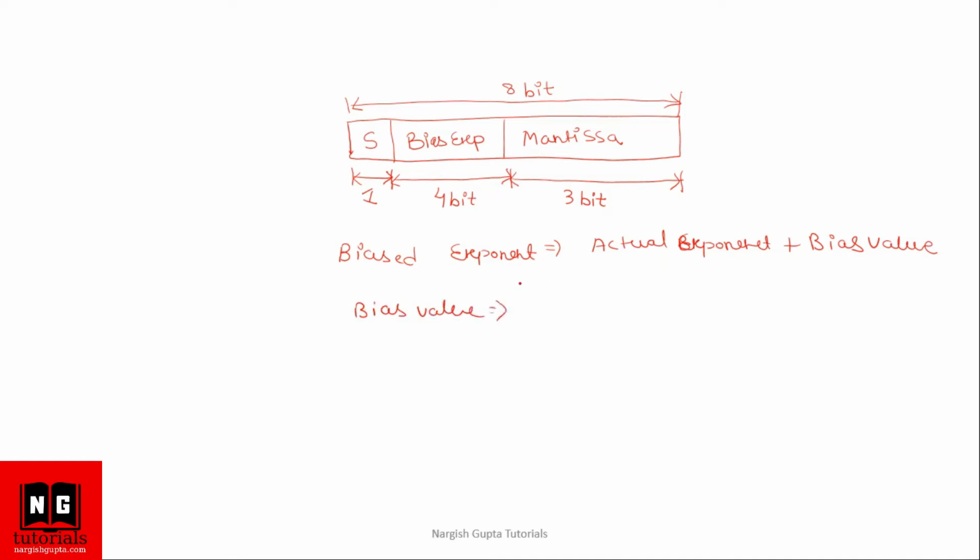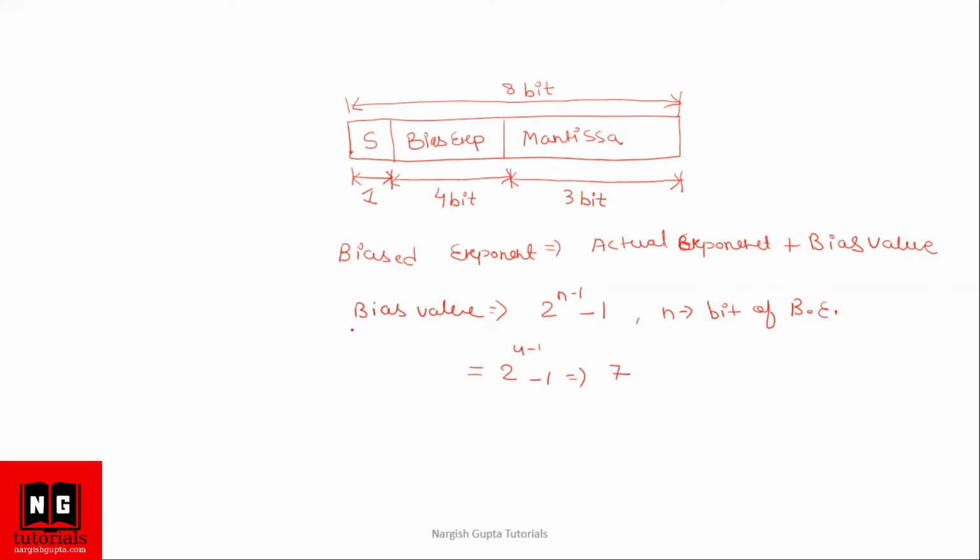It is equal to 2 to the power n minus 1, minus 1, where n is the number of bits of the biased exponent. Here we have 4 bits in the biased exponent, so it will be 2 to the power 3 minus 1, which is equal to 7. So the bias value here will be 7.